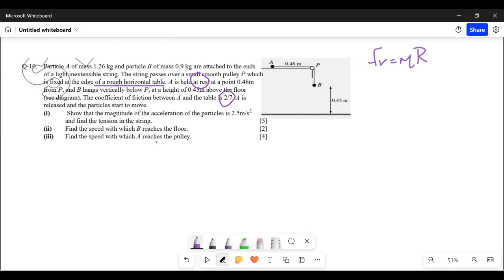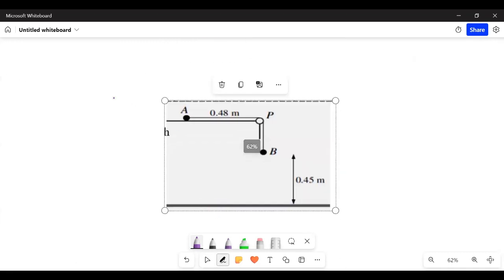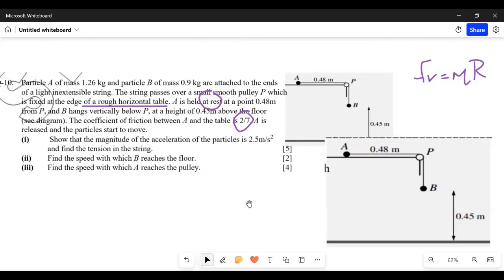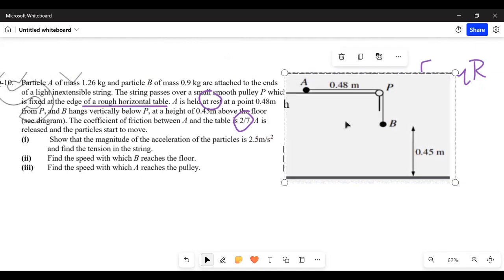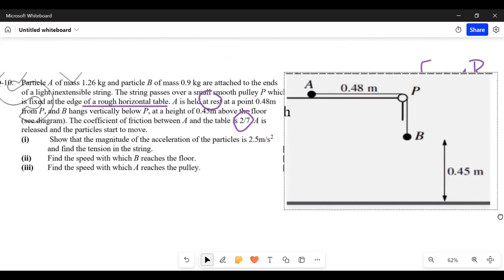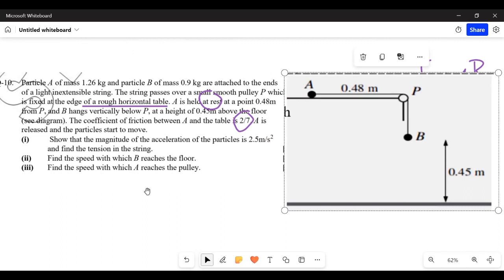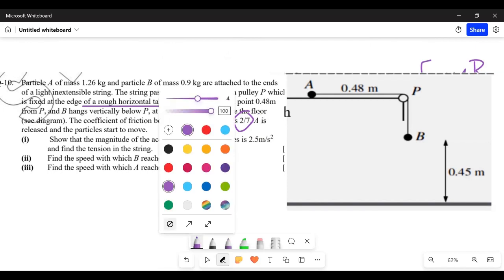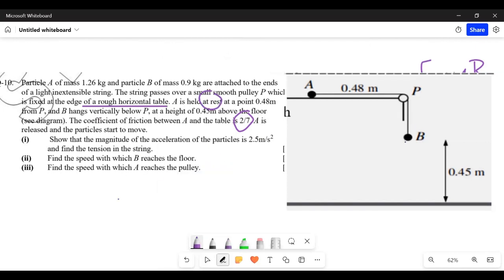So let me copy the figure again. Okay, so let's start entering the forces that we know.